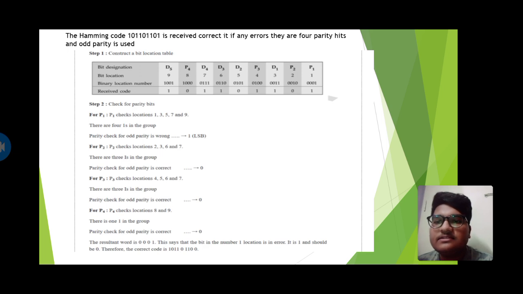The location of error is 1, so it is changed to 0. Therefore the corrected code is 1011011000, the corrected Hamming code. And that's all. Thank you.